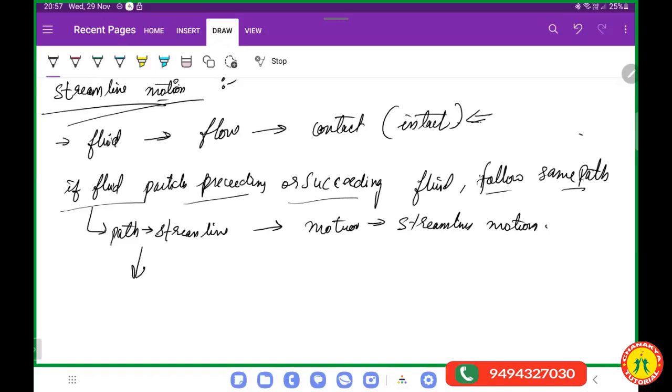So we will consider here non-viscous fluid, which is having a very small speed, small movement. So don't get confused with the arrow marks. What I wrote here in short: streamlined flow means what? Fluid which is flowing and will be in contact or intact throughout.